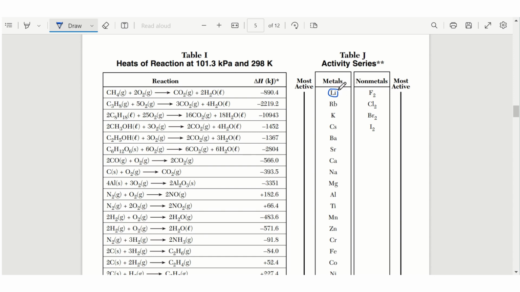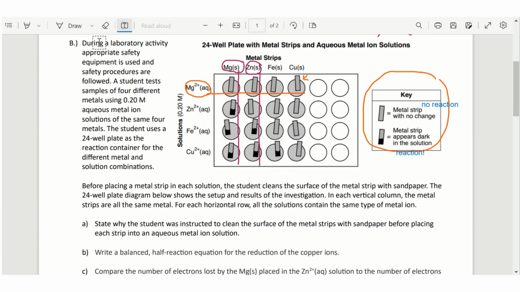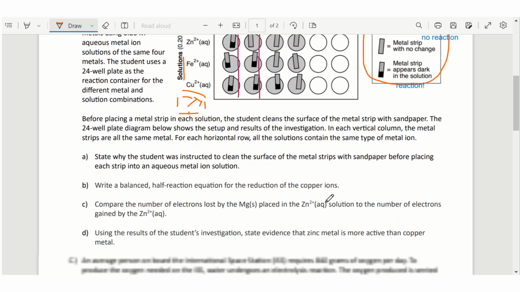When a strong metal was on a metal strip, stuck and bound, not able to move, it would kick out any metal below it and take its place so that it could be in the solution and move around. So the ones in the solution, they're free to move. The metal strips, they're stuck on this plate. And if it's a strong metal that is stuck on the plate, it is miserable and it wants to get out. Okay? So now let's look at the questions.